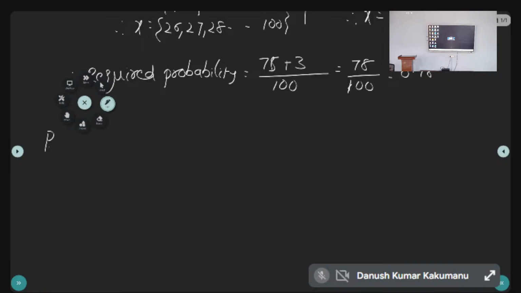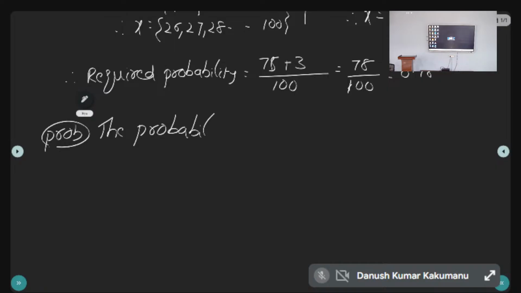One more problem. All these are previous GATE questions that I am giving.